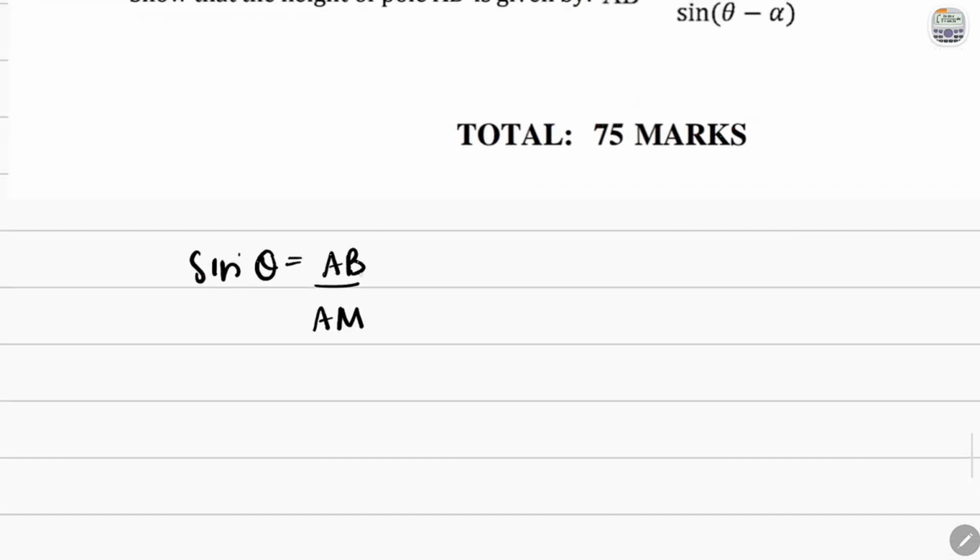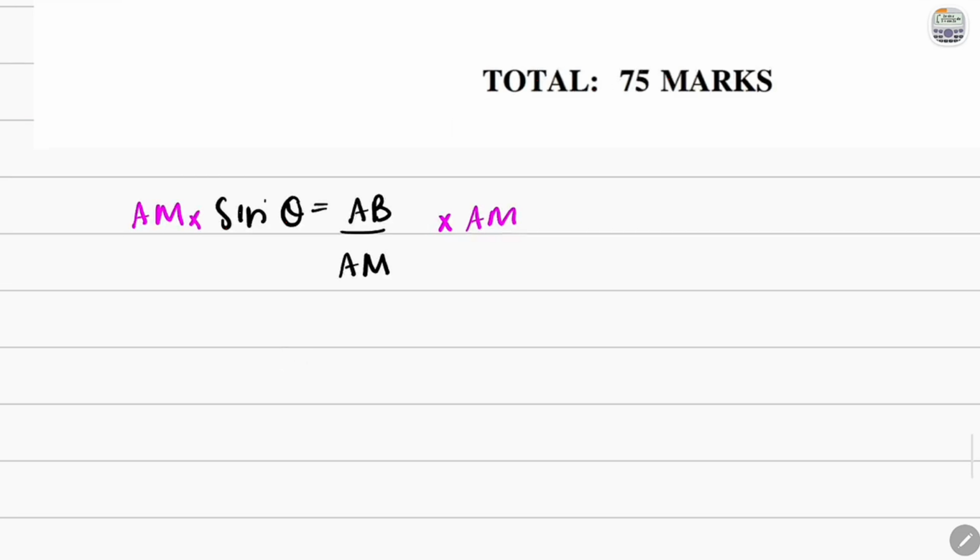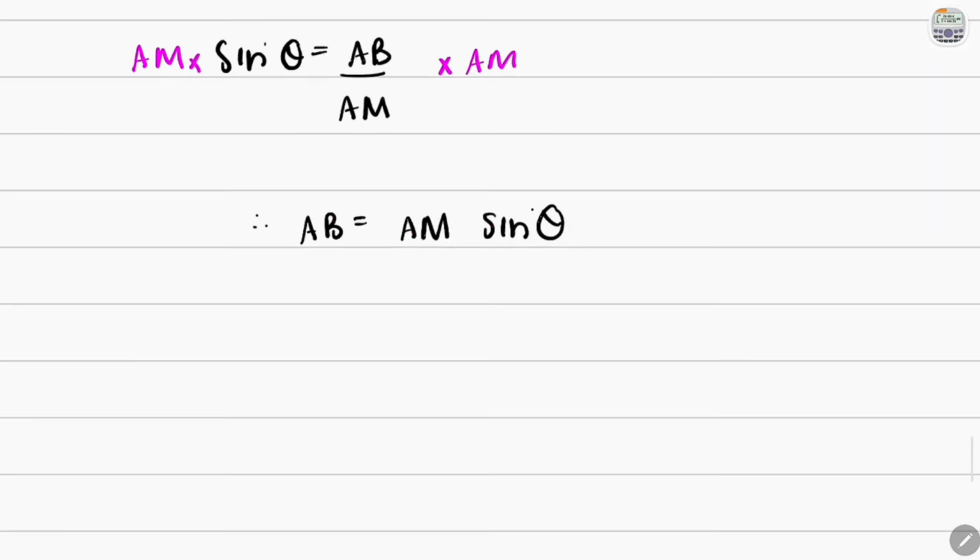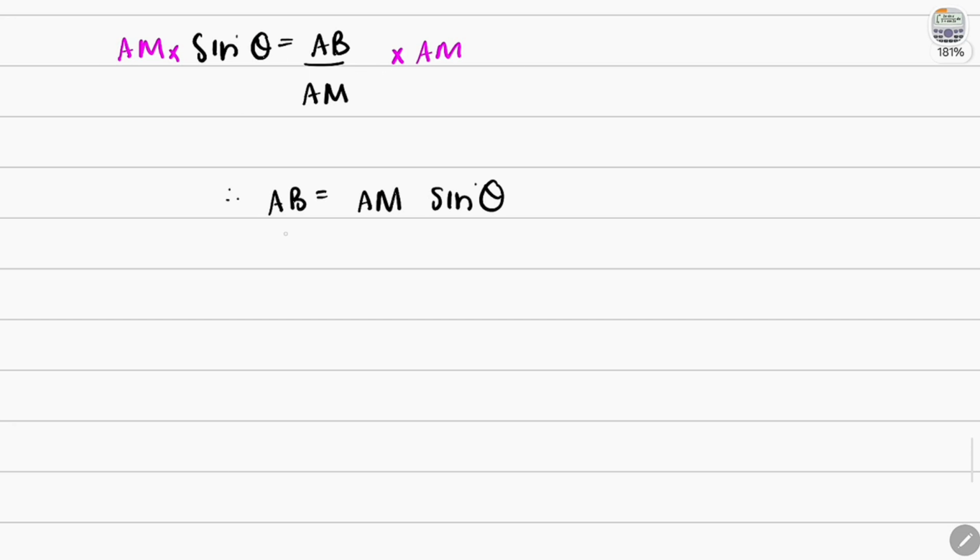To make AB the subject, you see that you need to multiply both sides by AM to remove it from the denominator. So this means that AB is finally equal to, for now, AM sine theta. Okay, so what's our next goal now to find AB? Well, you can see that AM is missing because this is sine theta.